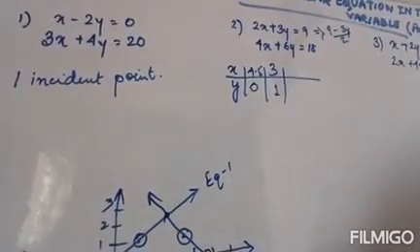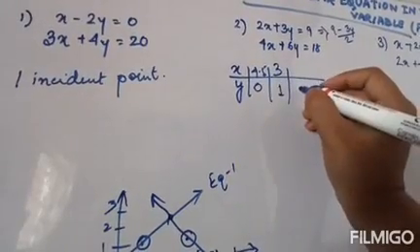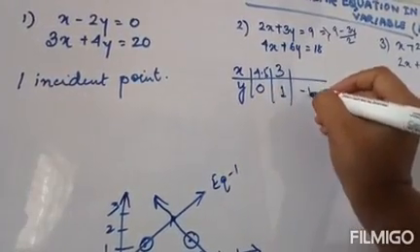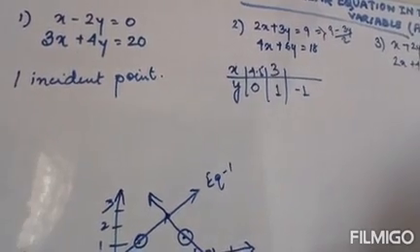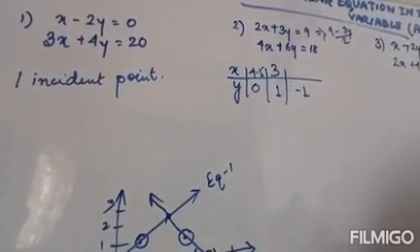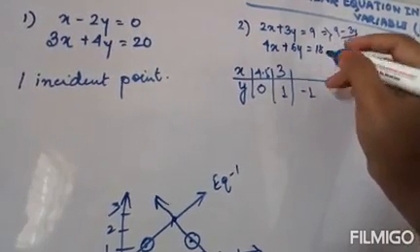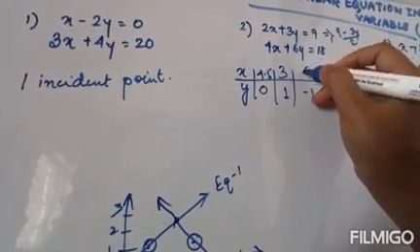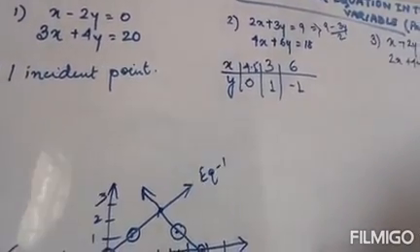And when I take y as minus 1, x becomes 9 plus 3, 12, 12 by 2 is 6. Okay, so these are my first points.